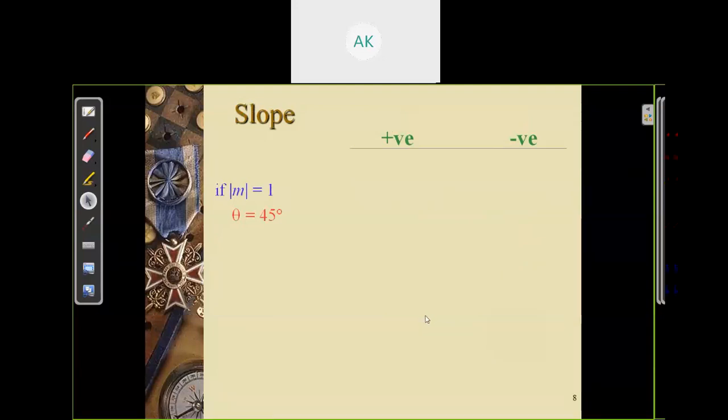If your slope is equal to 1, then the line you are going to draw makes an angle with the x-axis. If its angle is 45, then the m value will be 1.